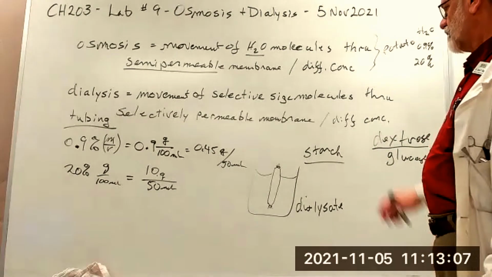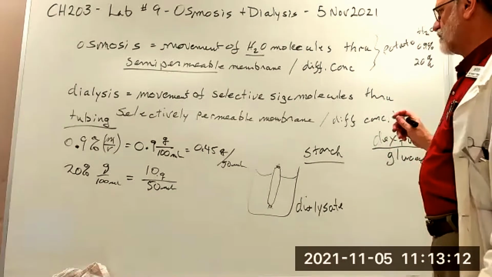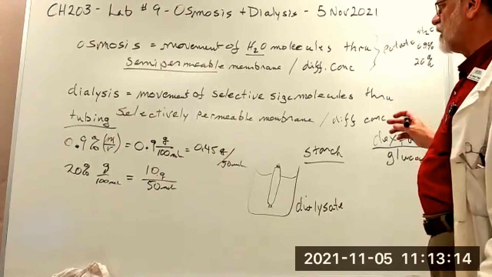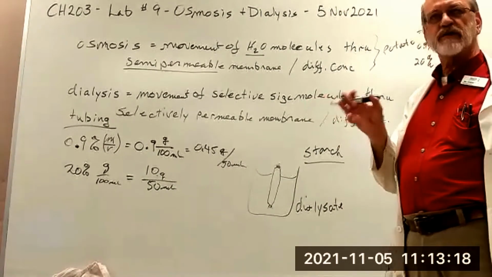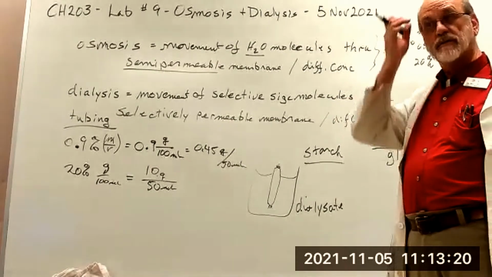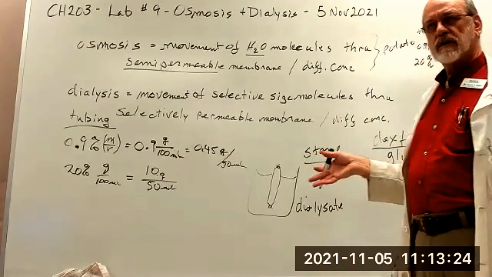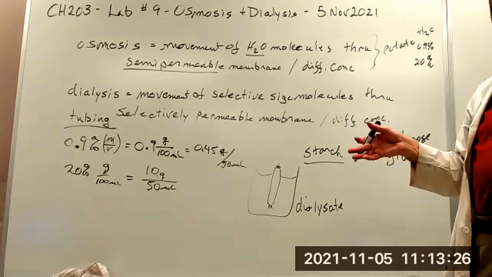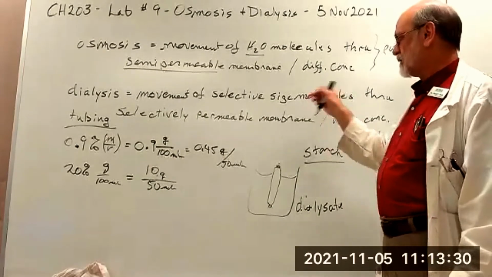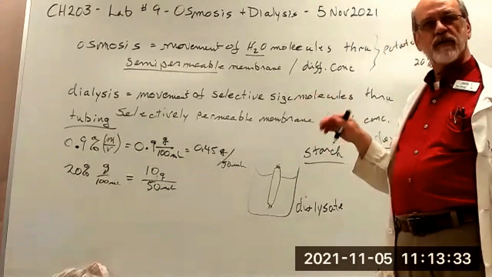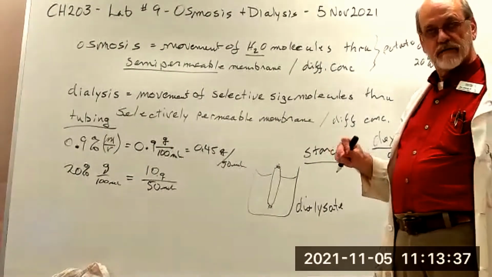So the purpose of dialysis tubing is, I guess you could phrase it a number of different ways. From a chemist standpoint, the purpose of dialysis tubing is to limit the flow of molecules between solutions based upon particle size, based on molecular size. But dialysis tubing used in the hemodialysis lab is to remove certain molecules from the patient's blood based on size.